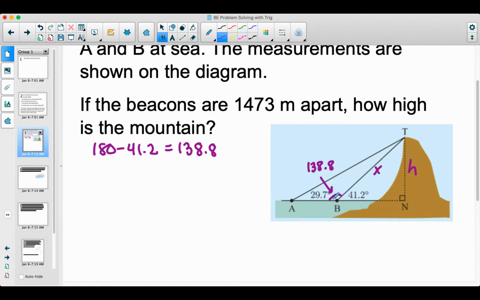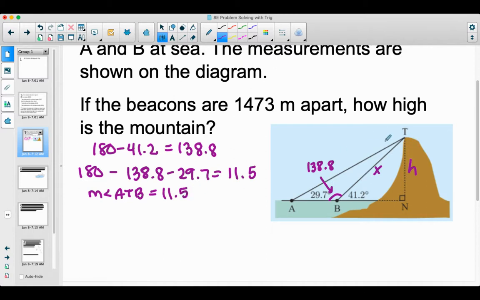And if I know these two angles, then I can find this angle T up here, angle ATB. So 180 minus 138.8 and minus 29.7, I end up with 11.5. So the measure of angle ATB is 11.5.